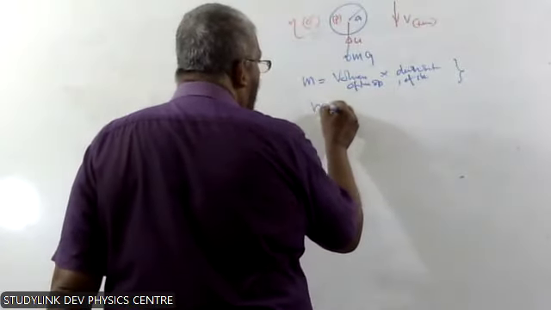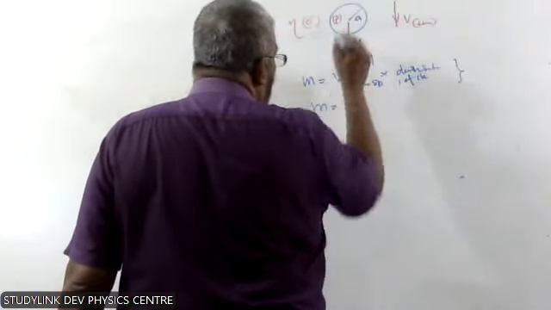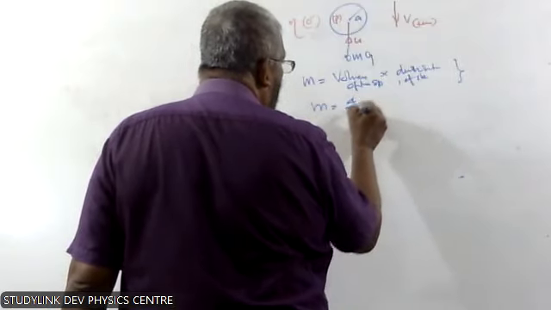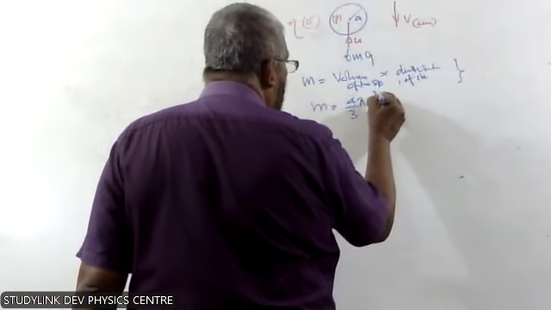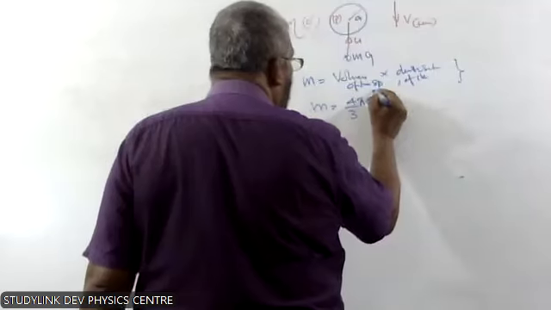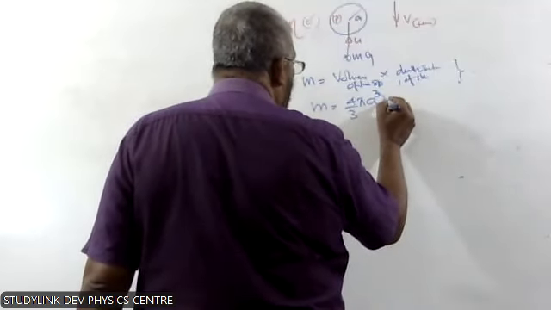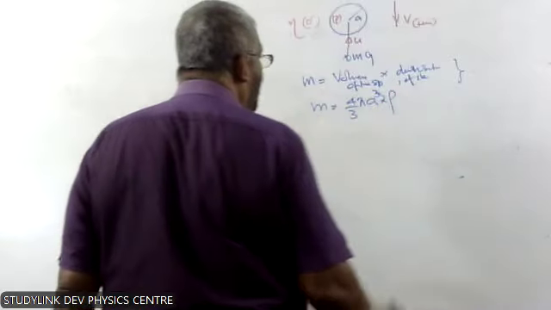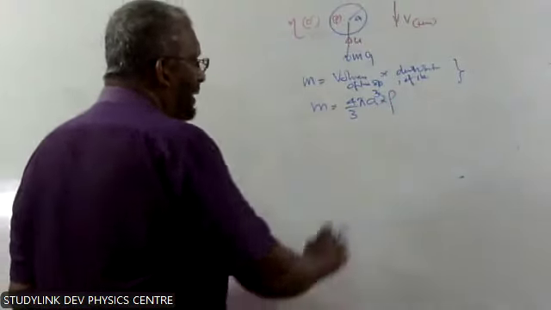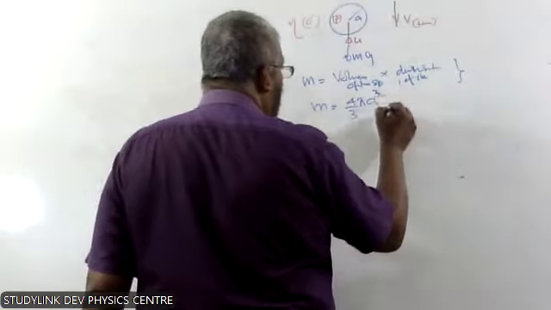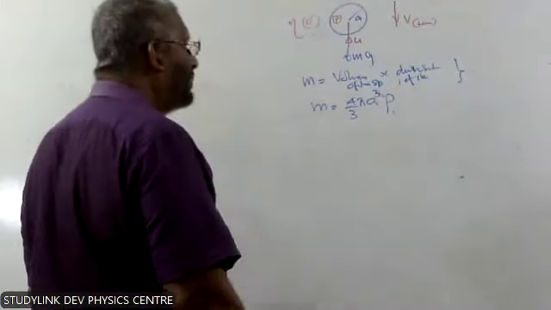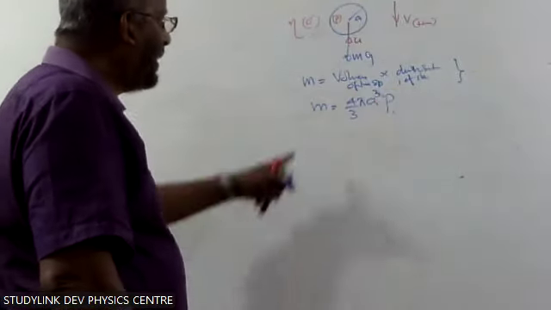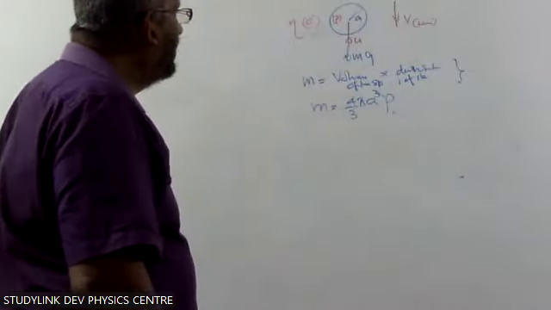So m is equal to sphere volume 4 by 3 pi a cube, a to the power 3, into density, density is rho. Without the multiplication sign, I'll write directly. That is the same. You can write at once, but if you want, write like that.